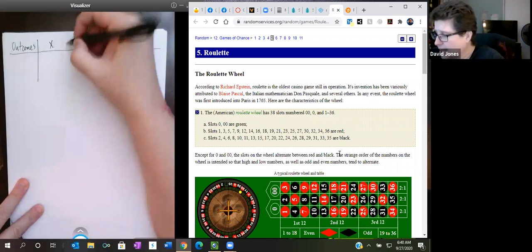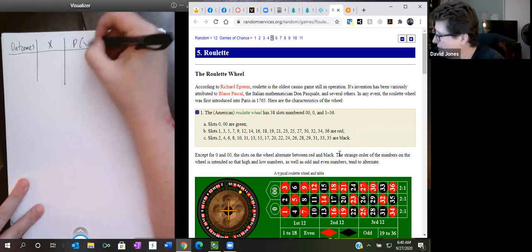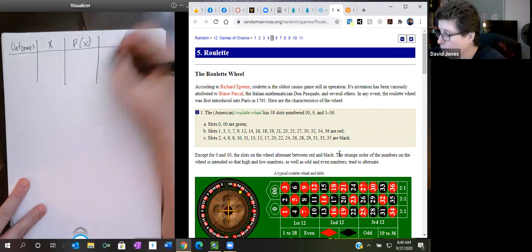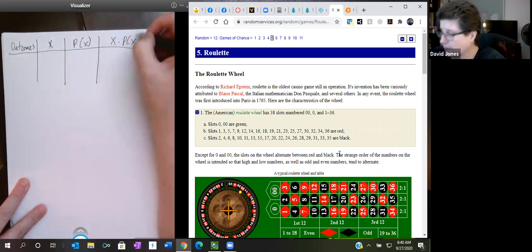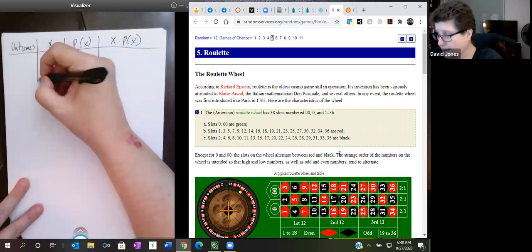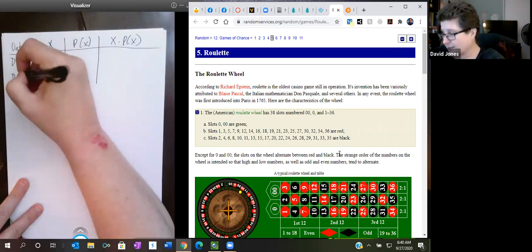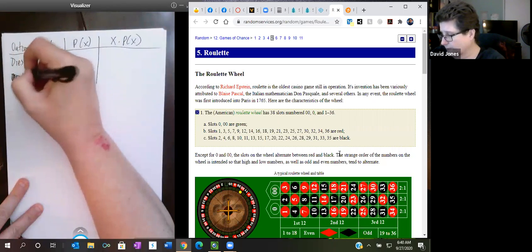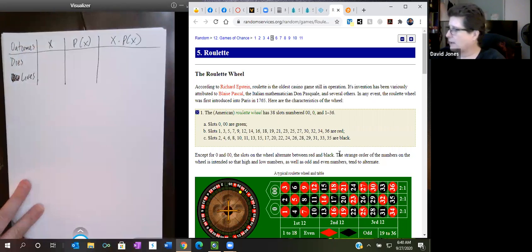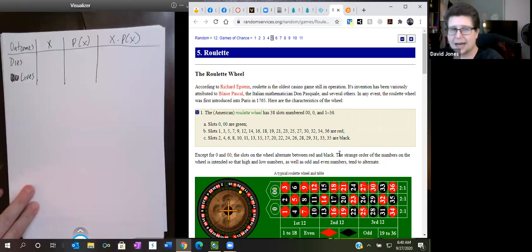And then we look at x, and then we'll do p of x, and then we'll do x times p of x. And we know there's two outcomes. She can die or she lives. If she dies, they have to pay out $250,000.